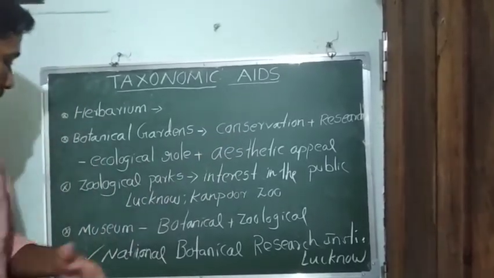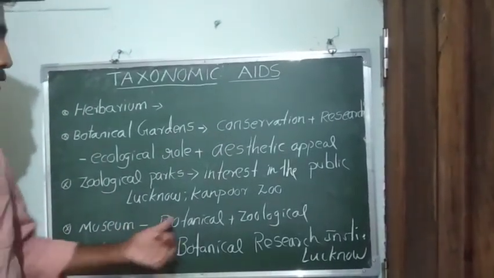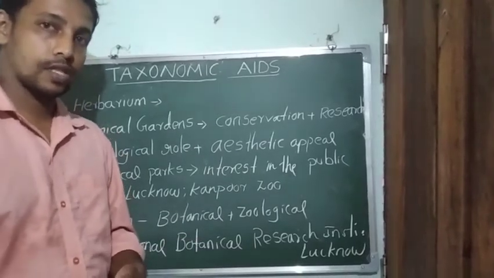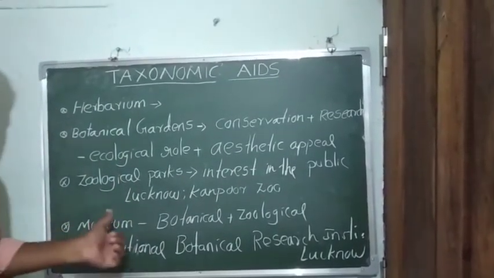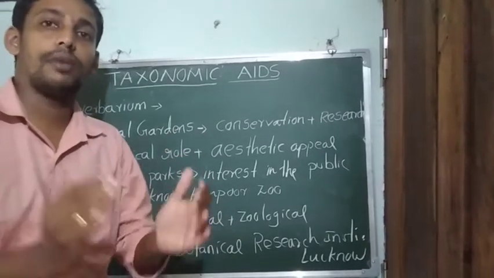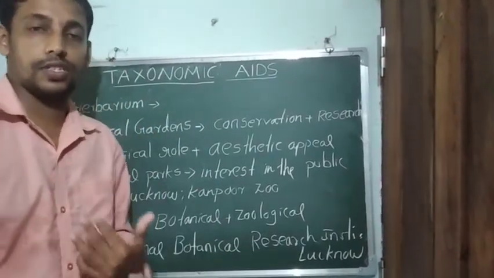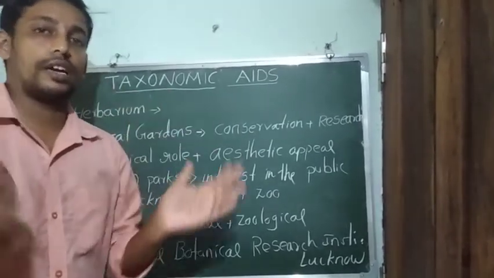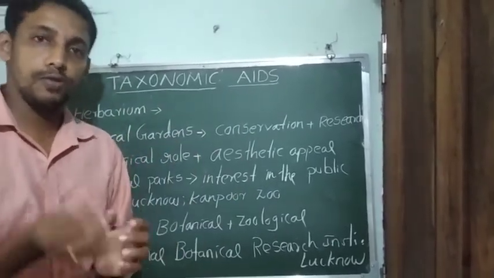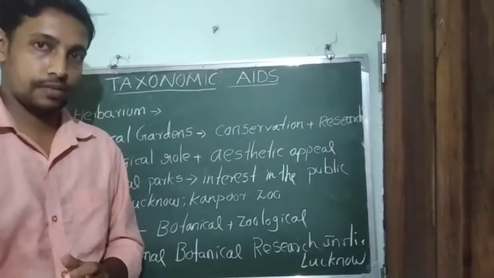Then comes the museum. The museum may be a botanical or zoological museum. In the museum you can see a collection of animal and plant species which are preserved, usually in large containers or jars using preservation solutions.